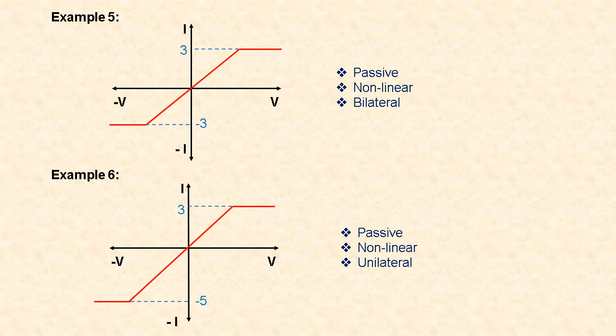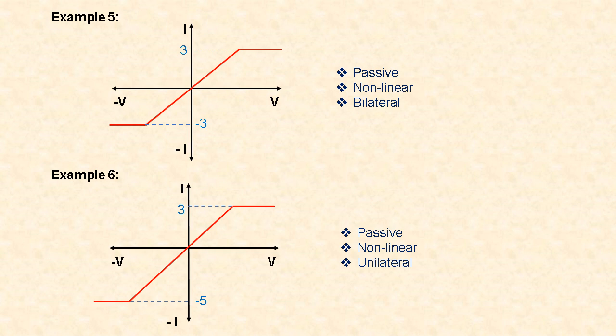So it is a non-linear element. It has the positive impedance value throughout the graph, so it is a passive element, and also it offers the same impedance value in both the directions, in positive as well as negative direction, that is in first quadrant, also in third quadrant. So it is a bilateral element.